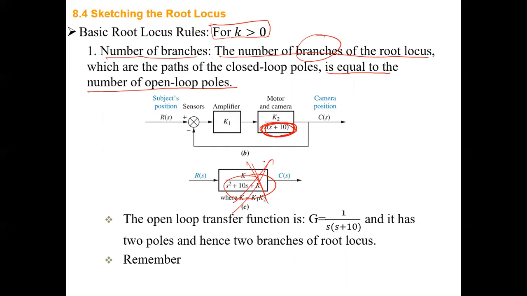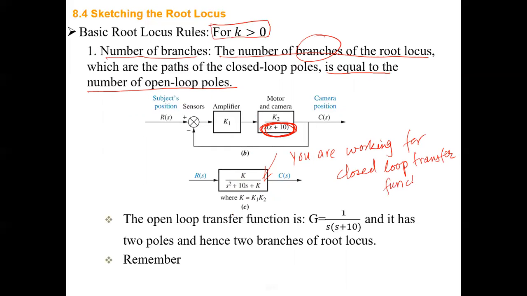Even though you are working for the closed loop transfer function, you just rely on the open loop.